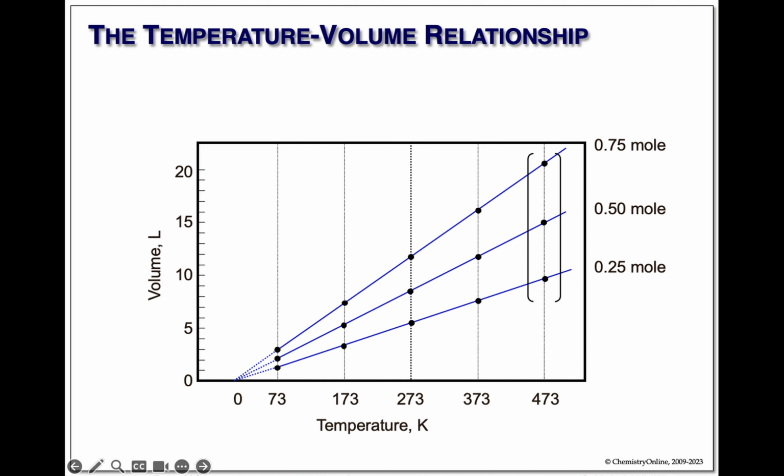Now, totally intuitively, as we increase the moles, we're just adding more gas, aren't we? If we add more gas, we expect the volume to go up. It should be a direct relationship.